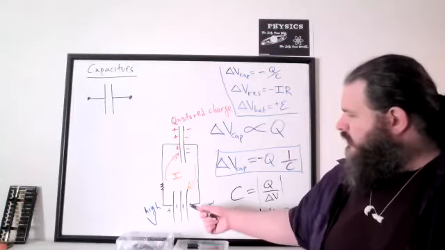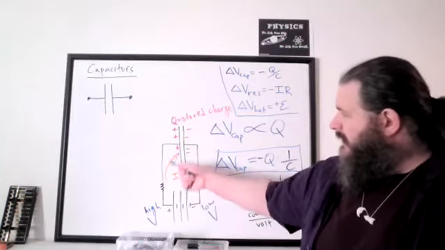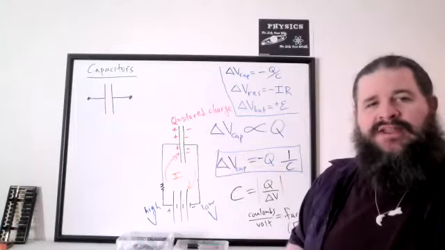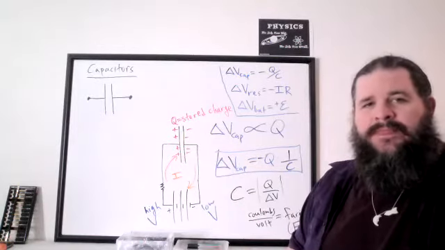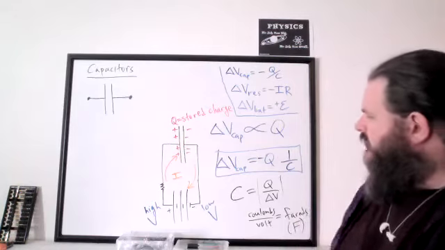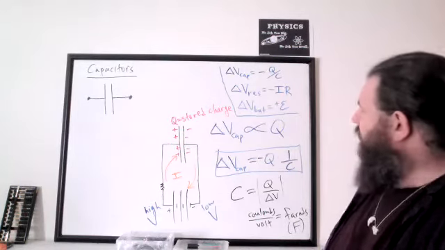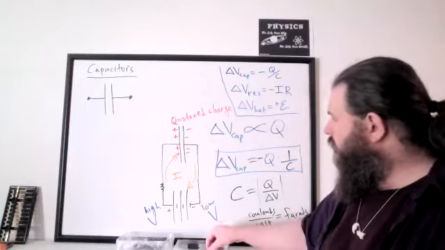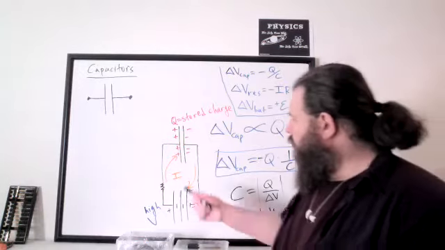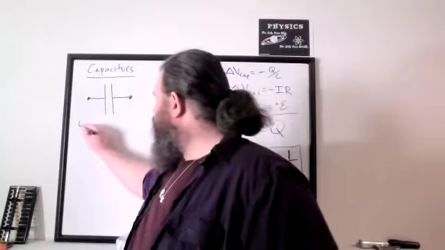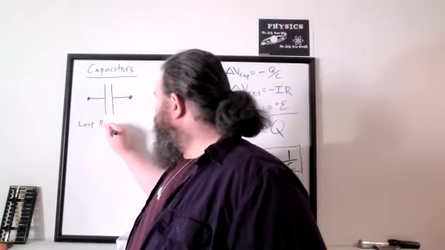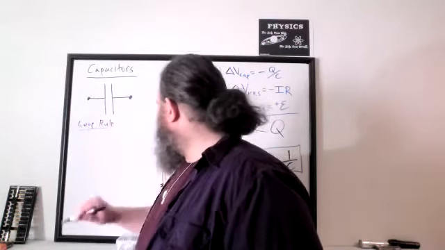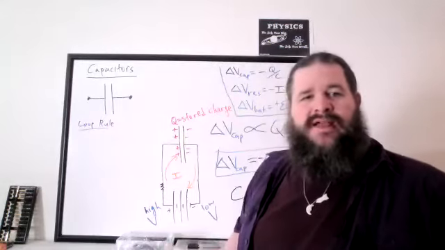So the circuit with the battery and the resistor and the capacitor is gradually going to get more and more charged. And let's actually take a look at the loop rule there. I think we now have all the pieces we're going to need to fill in the whole loop rule. So if we write out a loop rule for this circuit, we can just say all the voltages add up to 0.